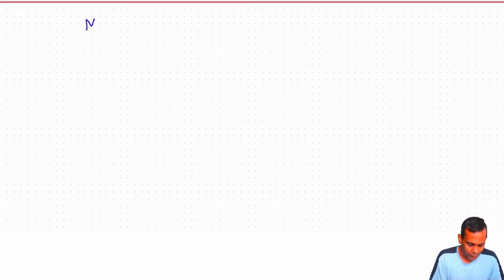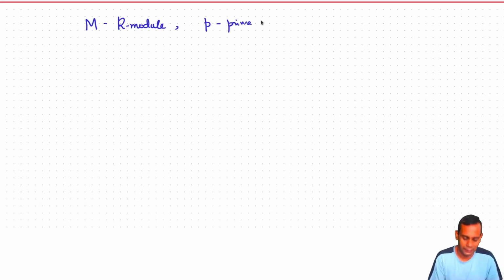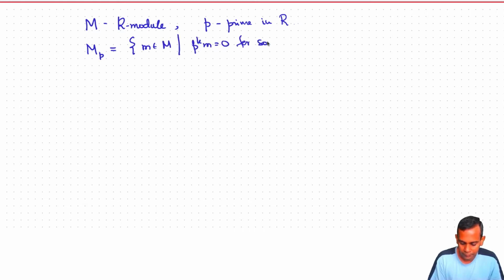If M is an R-module, and p is a prime element of R, say R is a principal ideal domain, we'll be taking it to be polynomials, then you can define M_p to be the set of m belonging to M such that p to the k times m equals 0 for some positive integer k.